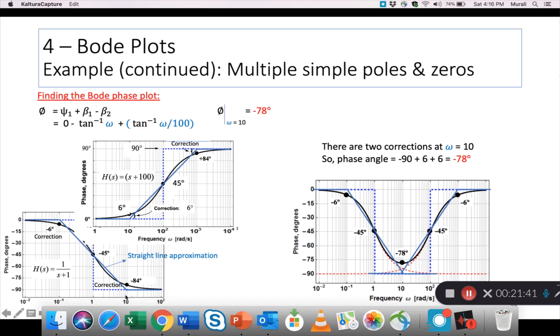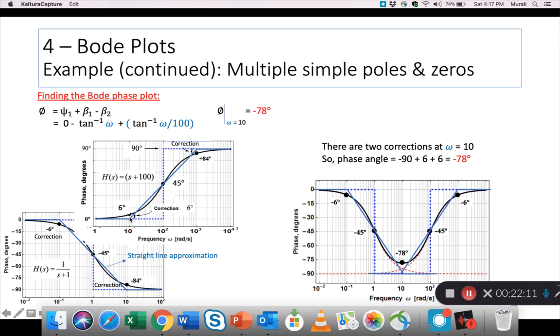Similarly, on the right side, after 1 decade, right? So we are at 1 here. So after 10, again, it will resume to be straight line, but now it will have dropped to minus 90. So this is a 45 degrees per decade drop, right? 0 to 45 and then 45 to 90 in 2 decades. And so you join that by a straight line.